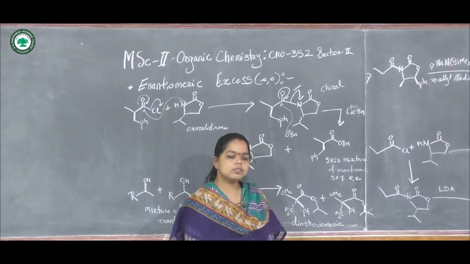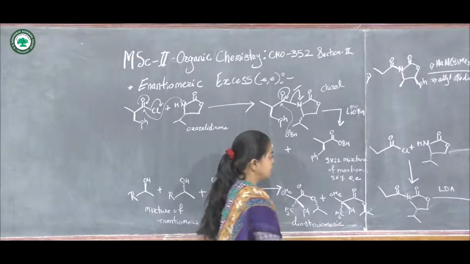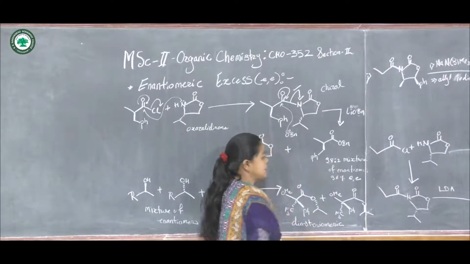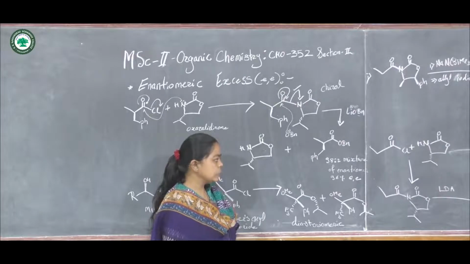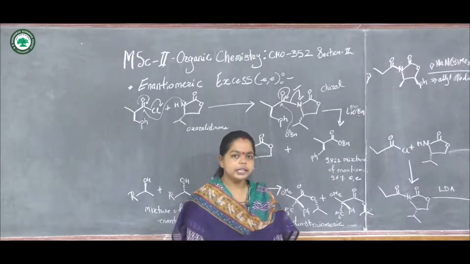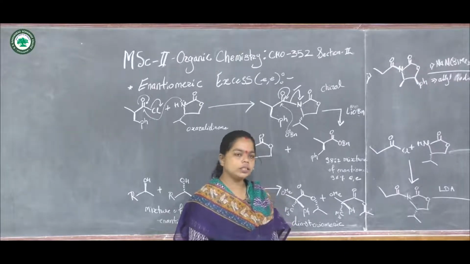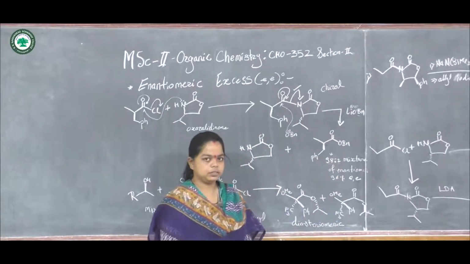For this we can calculate the enantiomeric excess. Here, 98% of one enantiomer is present and 2% of the other enantiomer is present. Now this 2% of the undesired enantiomer will form a racemic mixture with 2% of the other enantiomer from this 98.